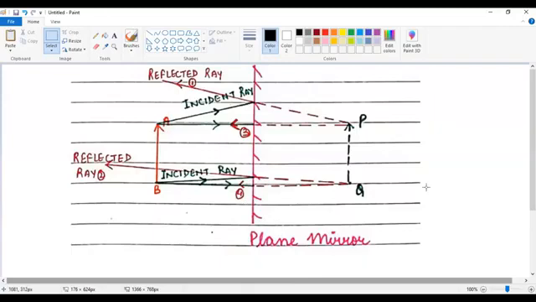Now let us see how the plane mirror is forming a virtual image in figure number 1.